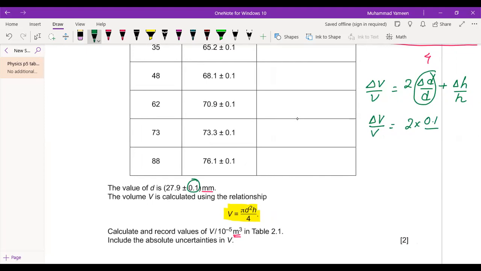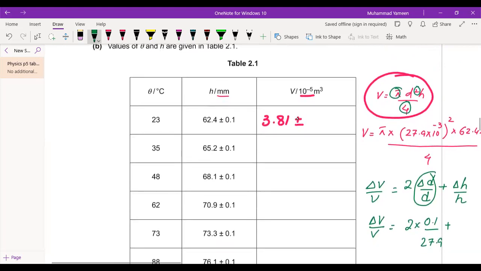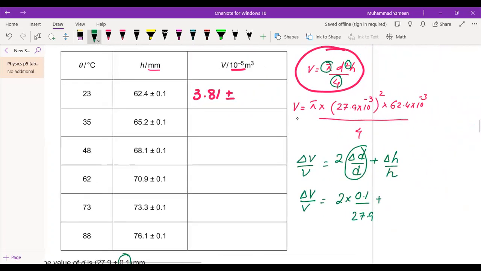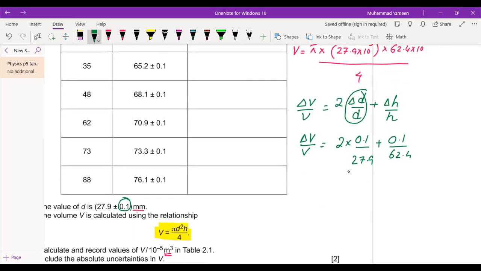So delta D is 0.1 over D is 27.9, plus delta H is 0.1 over 62.4. 0.1, no need to convert in meter over here as well. First you should calculate this and then multiply with the value of V.